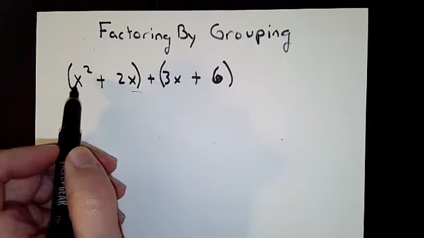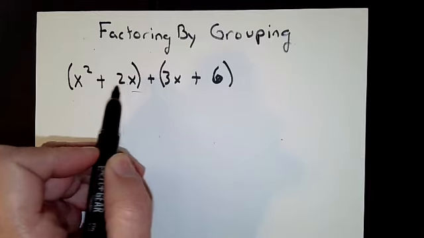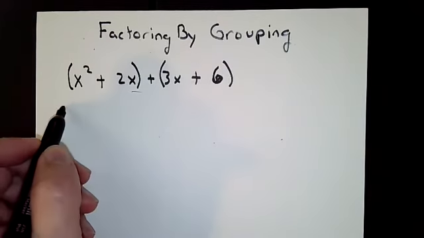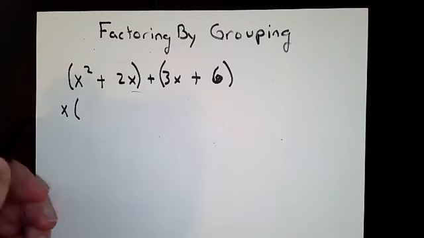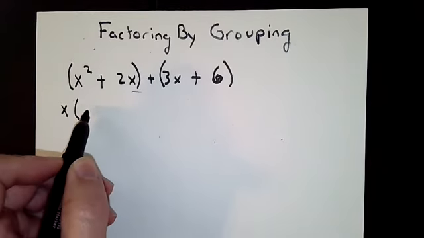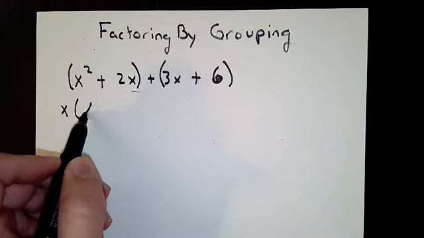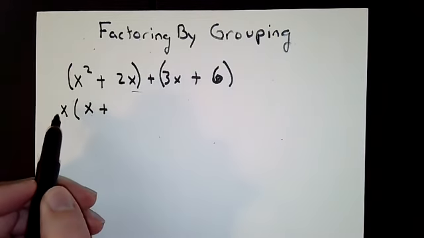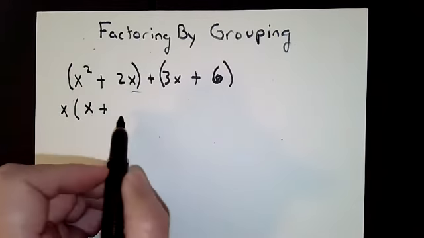So in this case, both the 2x and the x squared are divisible by x. So we'll factor out the x. Then x squared divided by x is just x, and 2x divided by x is 2.